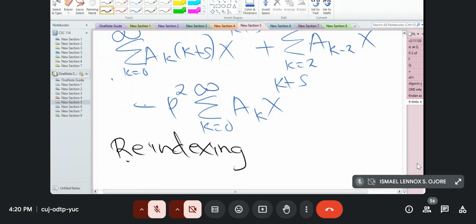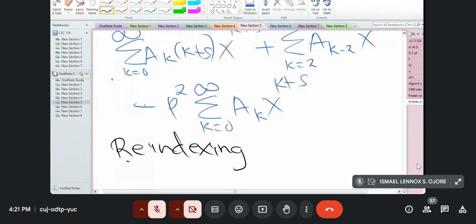With reindexing, you want to make sure that all the indices run from the highest value all the way to infinity. Between 0 and 2, which one is bigger? Of course, 2 is bigger than 0, so you want everything to run from 2 to infinity. But that is not the case for the first, the second, and the fourth terms.